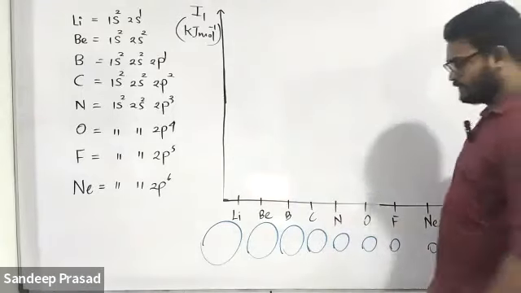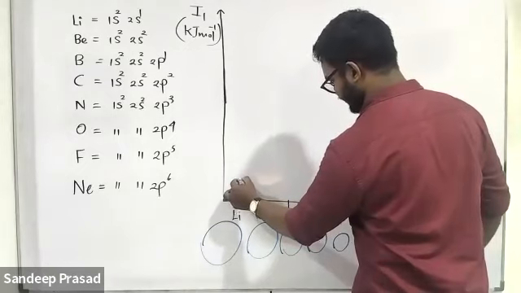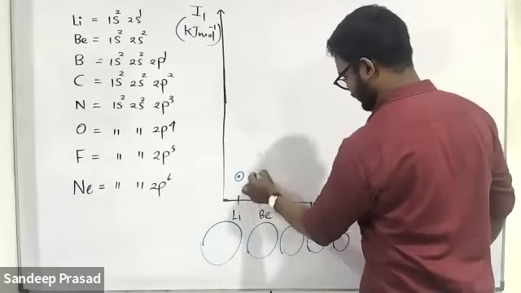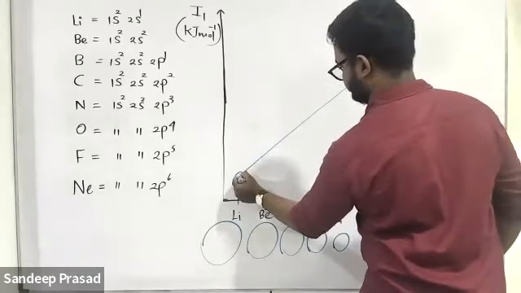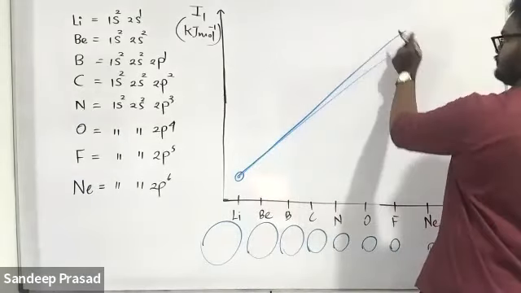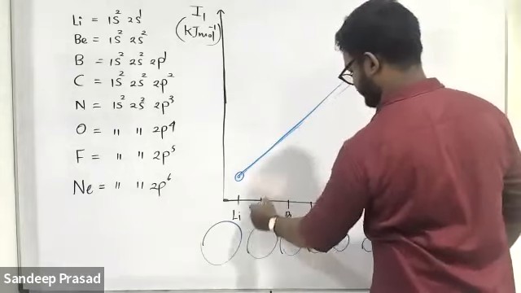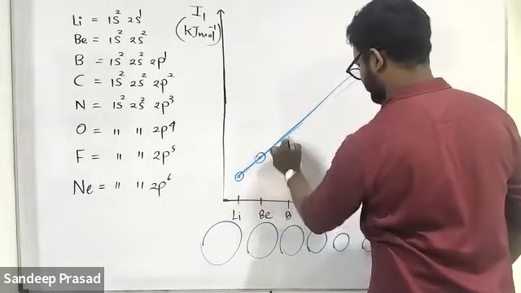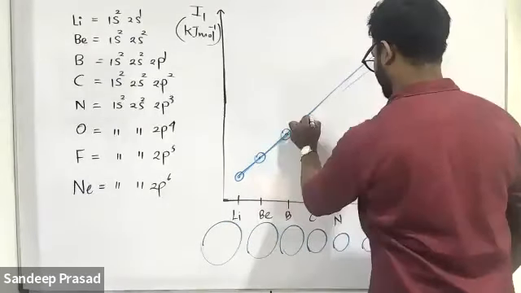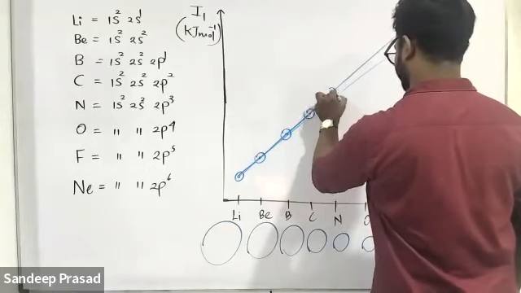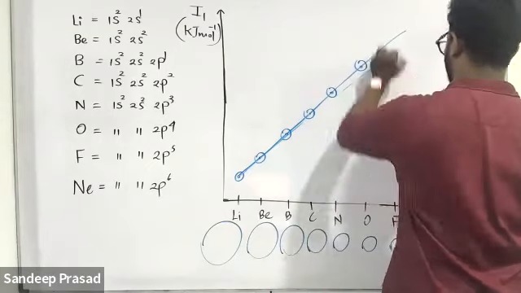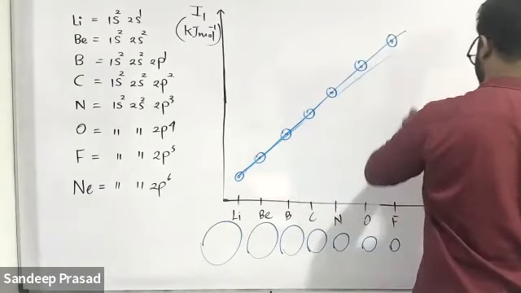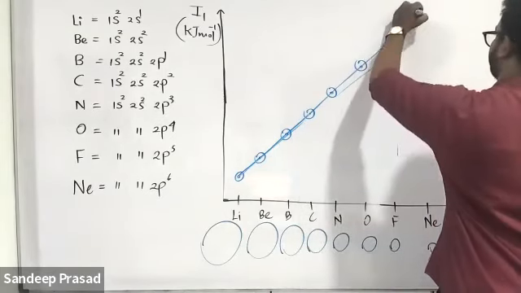Can you understand that? In this way. Beryllium is here. Boron is here. Carbon, nitrogen, oxygen, fluorine, and neon.